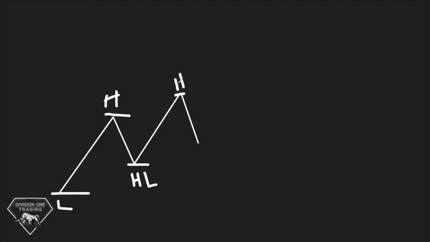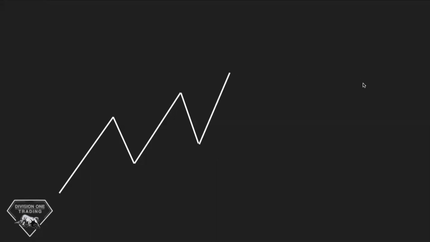Now we have a higher high, and now we're retracing, so we're expecting another higher low. We're expecting the retracement to push through again and create another higher high, if we're just following market structure. That happens, then we go into a consolidation.